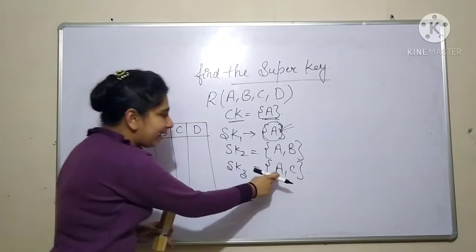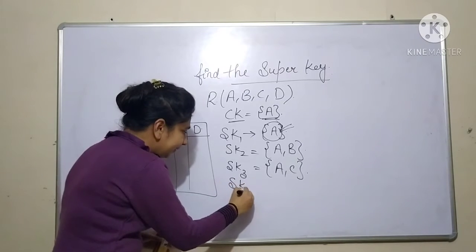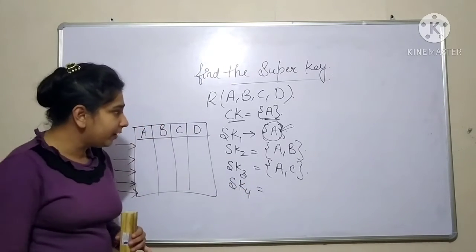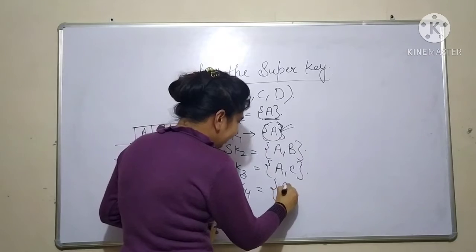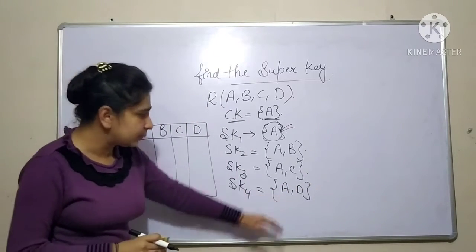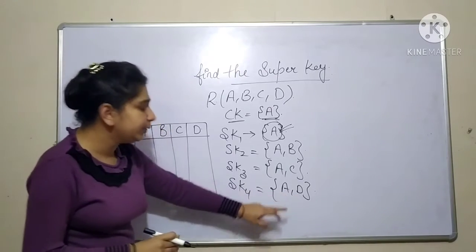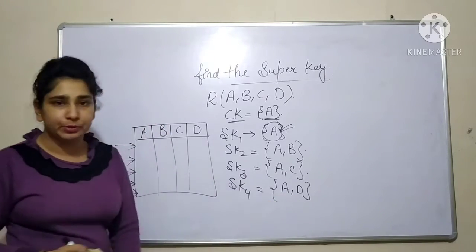So I am adding attribute C with A. The next super key is going to be AD. This way we are adding one extra attribute with the key attribute.